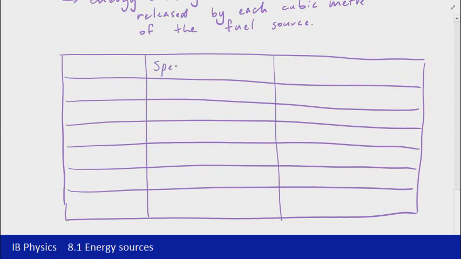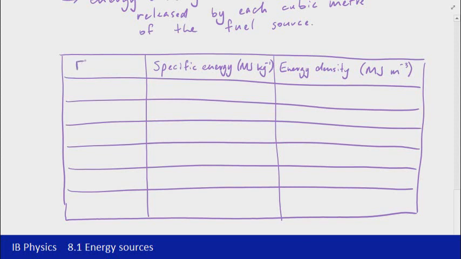So in this column here is going to be the specific energy, and the units that we're going to use here are megajoules per kilogram. And with the energy density, so that we can somewhat make a comparison, even though we're looking at a different quantity entirely, we'll still deal with megajoules, but this will be megajoules per cubic meter.